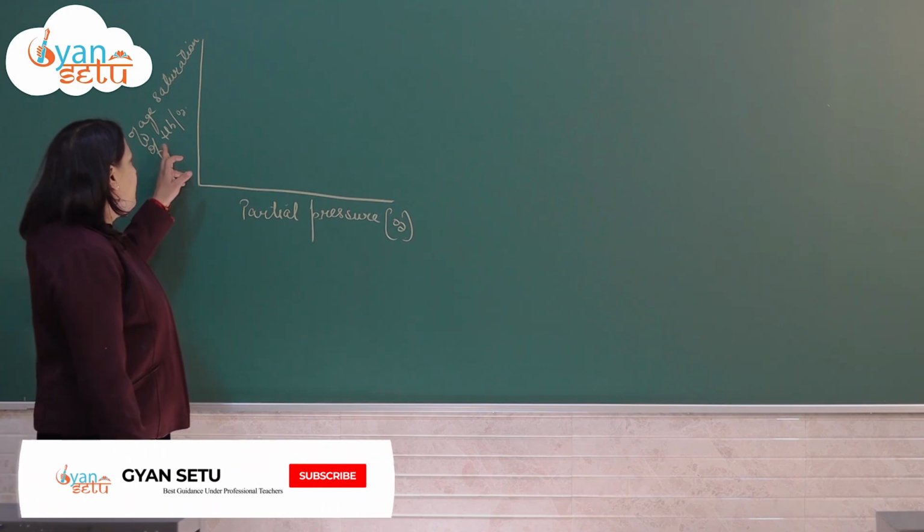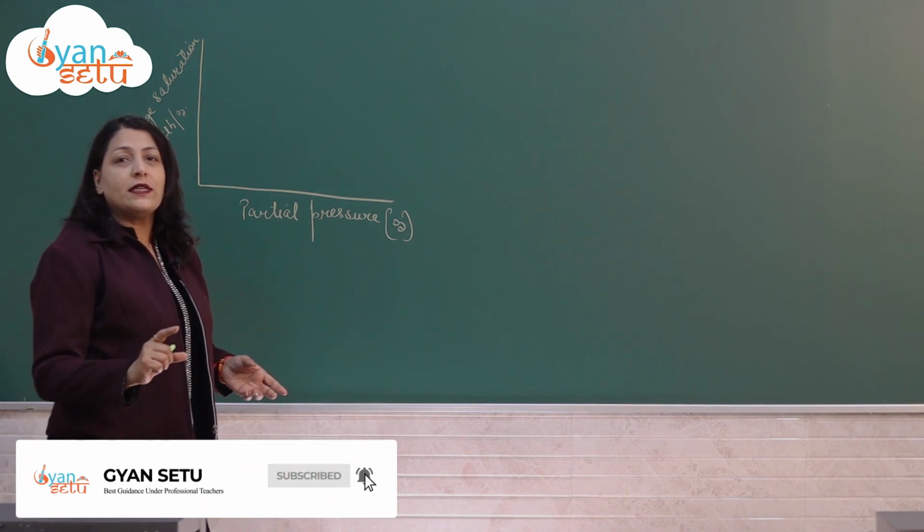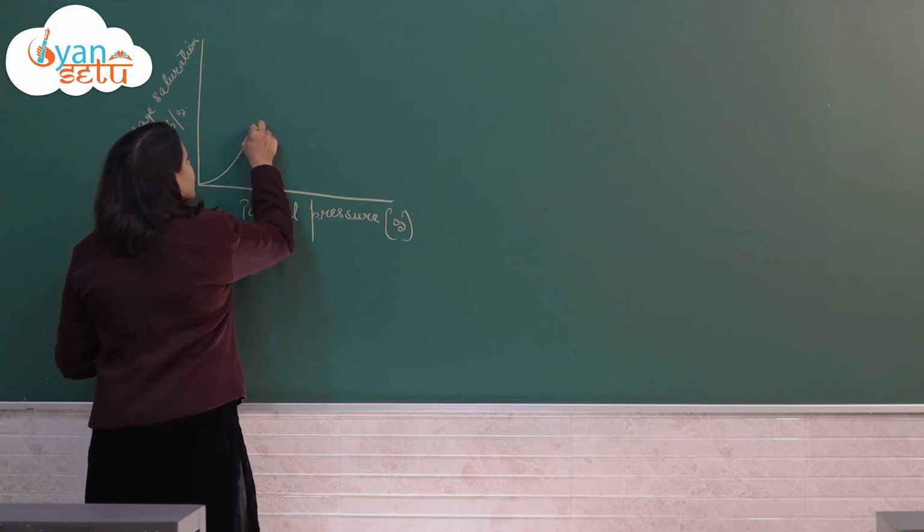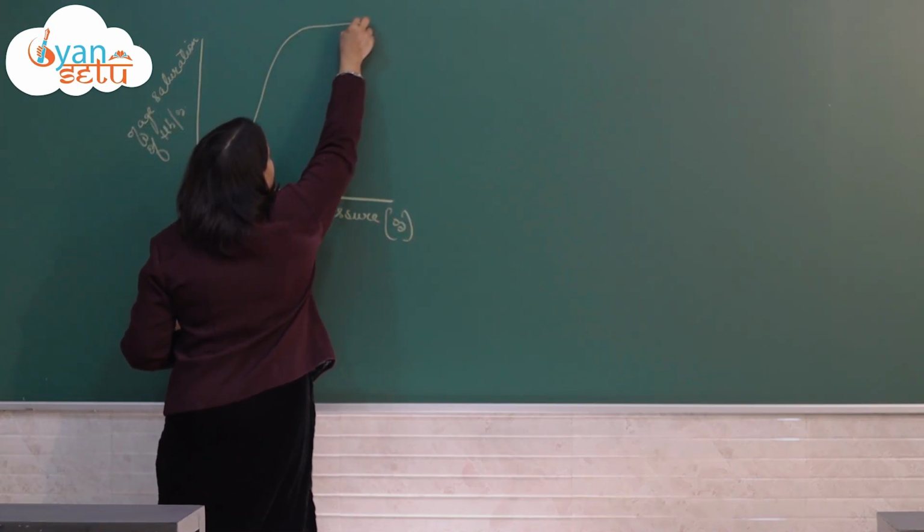So this curve is in relation with the oxygen and hemoglobin. The basic curve is sigmoid curve.